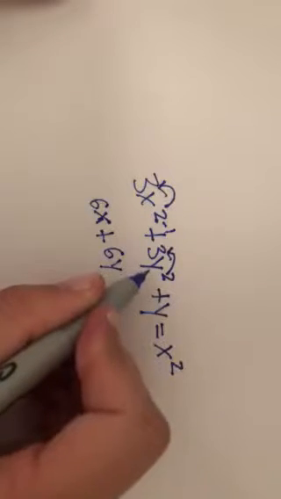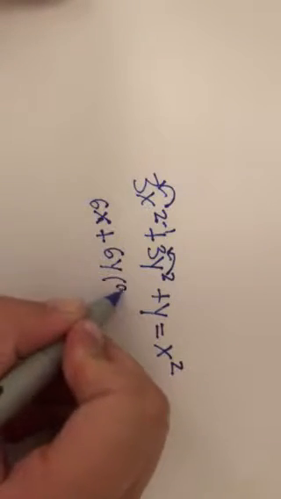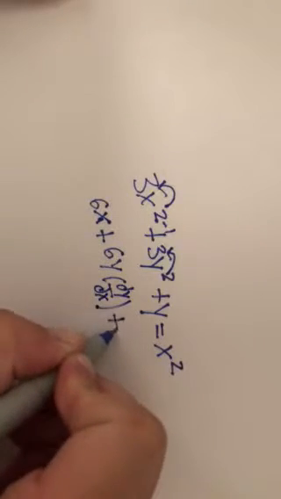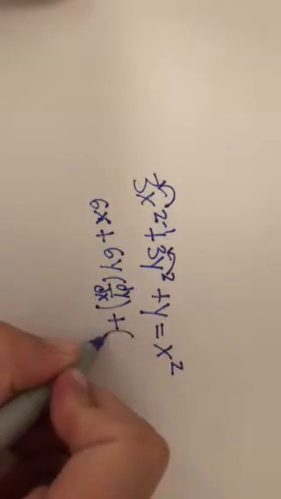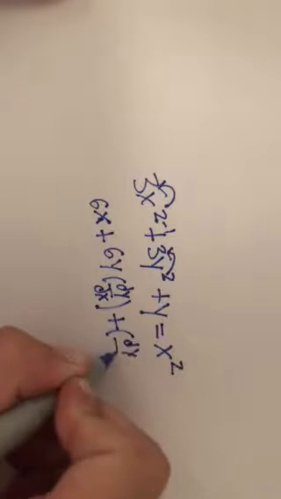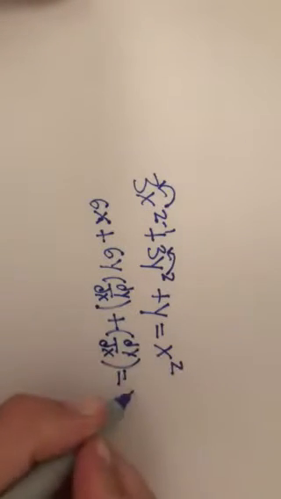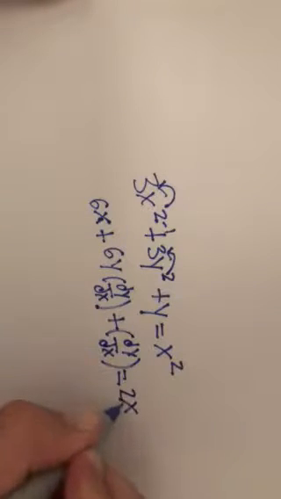But since we just took the derivative of y, we now have to tack on our dy over dx. And then the derivative of y is just 1, but we cannot forget to tack on the dy over dx. And it's all equal to, derivative of x squared is just 2x.